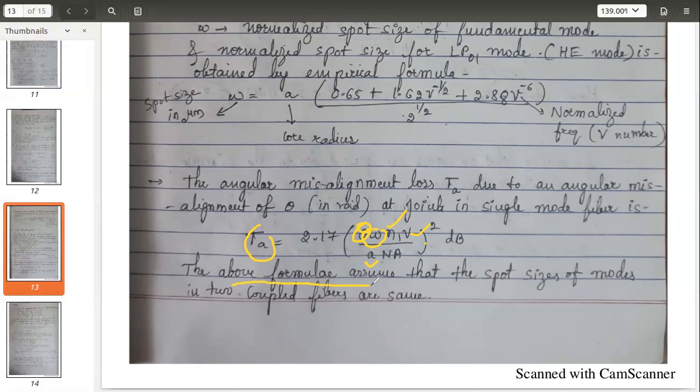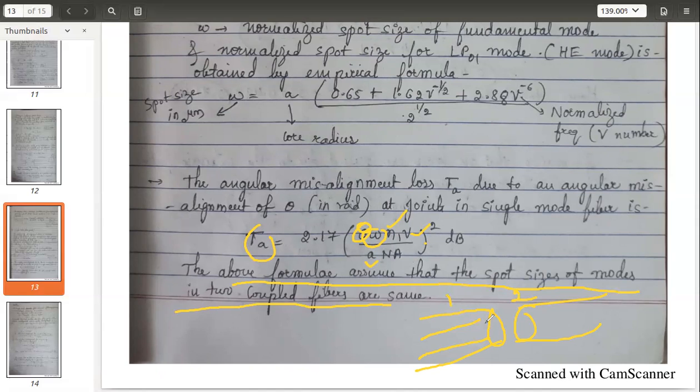The above formulae assume that the spot sizes of the modes in the two coupled fibers are the same, because the misalignments are happening at these joints, right? So for these two fibers, first and second, we are assuming that the wave propagating is in a single mode.